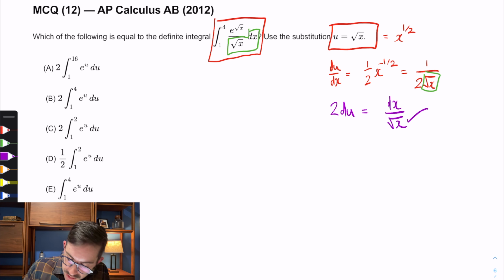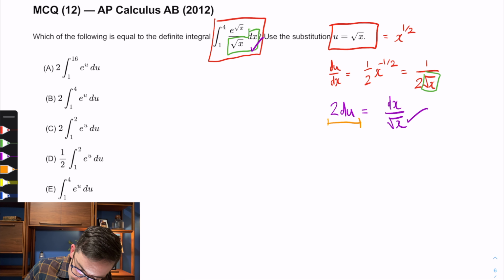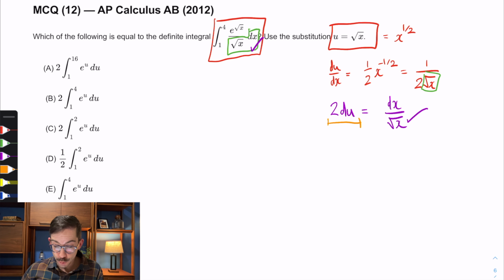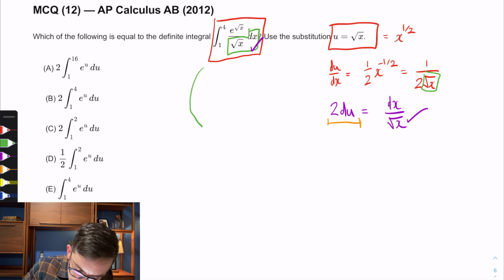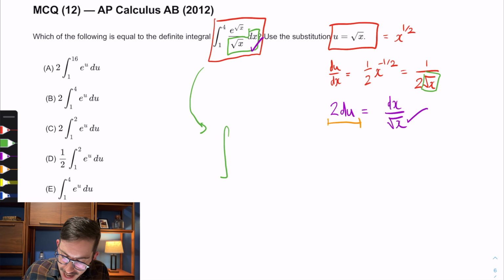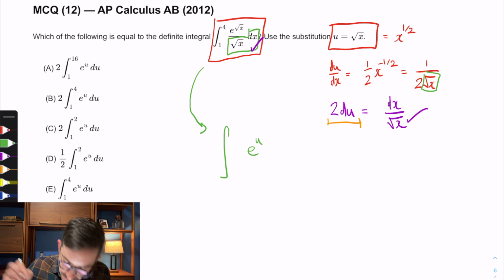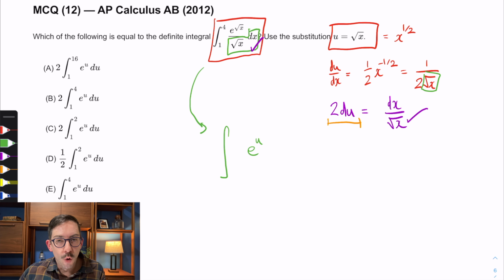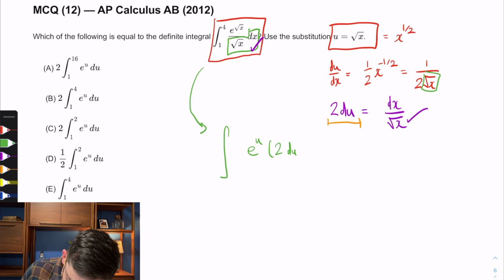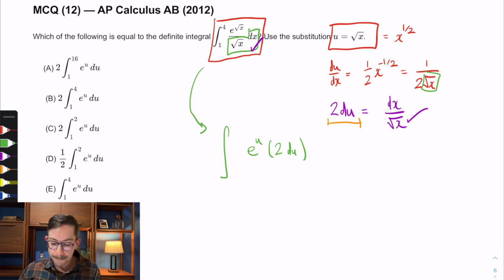I've done that because dx over root x is what I see in the integral I'm looking at. And so I know when I do the substitution, I can replace that with 2 du. So let's rewrite this. I'm going to get e to the root x. Oh, well, that's just e to the u. That's nice. The dx over root x, I'm going to replace that with 2 du.